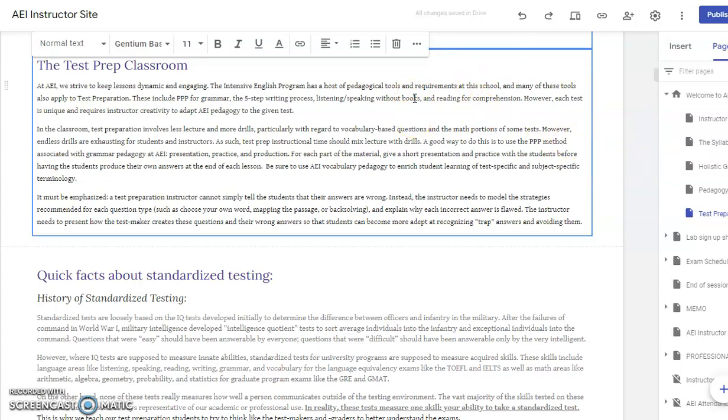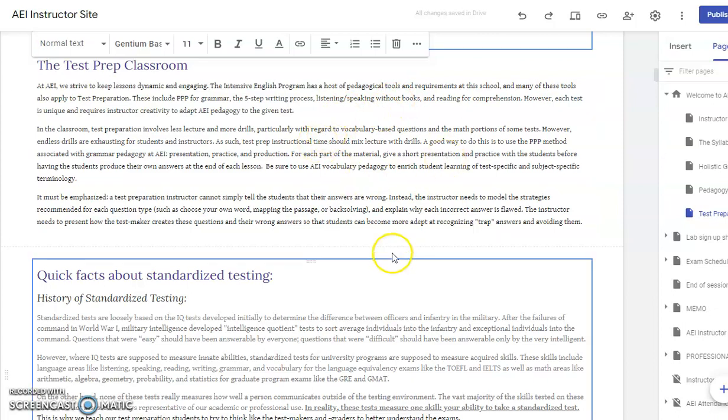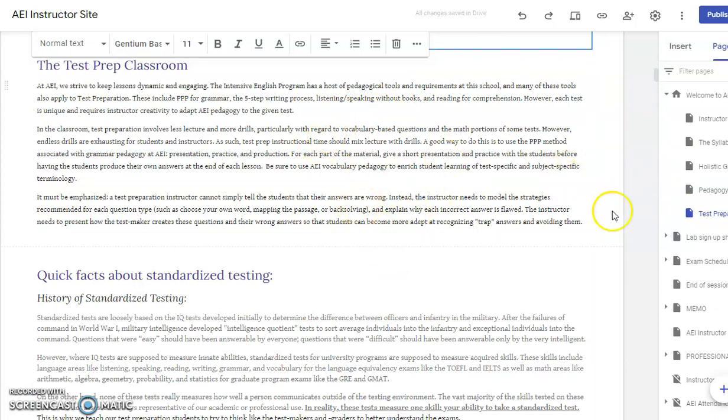However, every test is unique and requires instructor creativity to adapt AEI pedagogy to the given test. In the classroom, test preparation involves less lecture and more drills, particularly with regard to the vocabulary based questions and math portions of some tests.